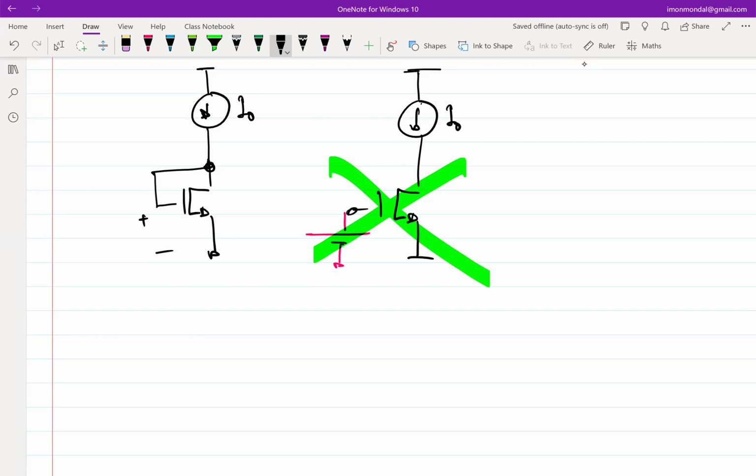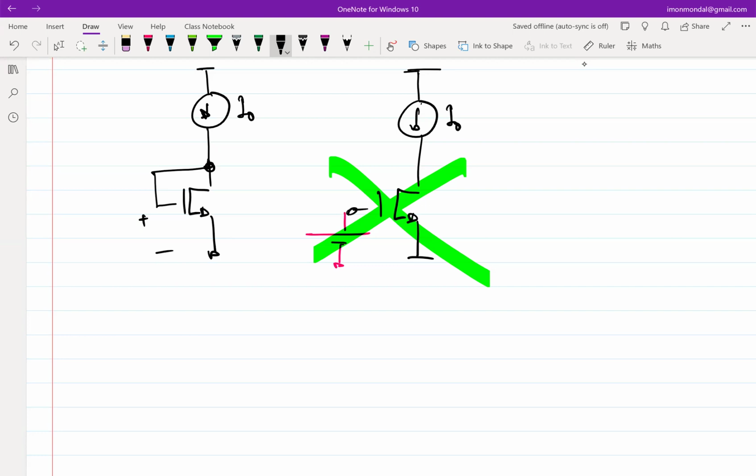So there are essentially four possible combinations of feeding the input and taking the output. I can apply the input at the gate or at the source, and I can observe the output either at the drain or at the source.